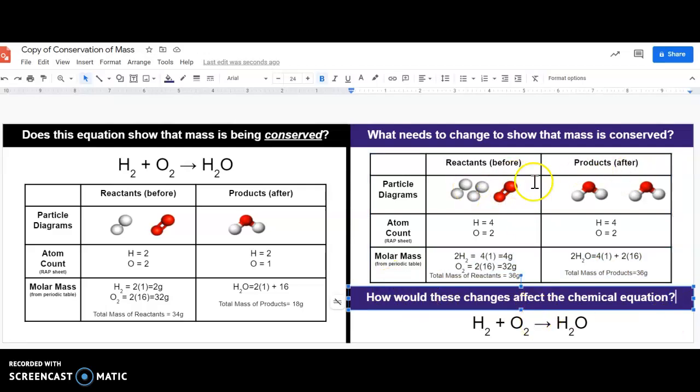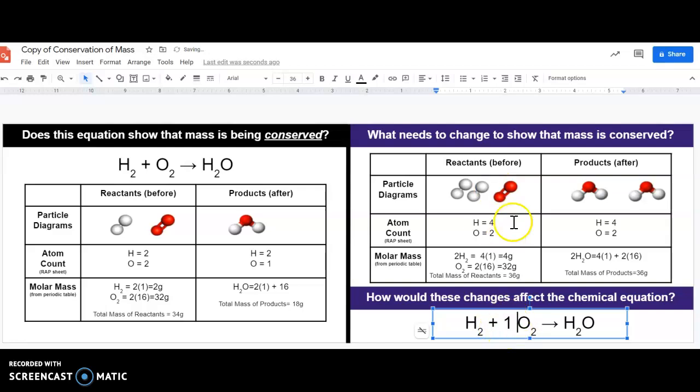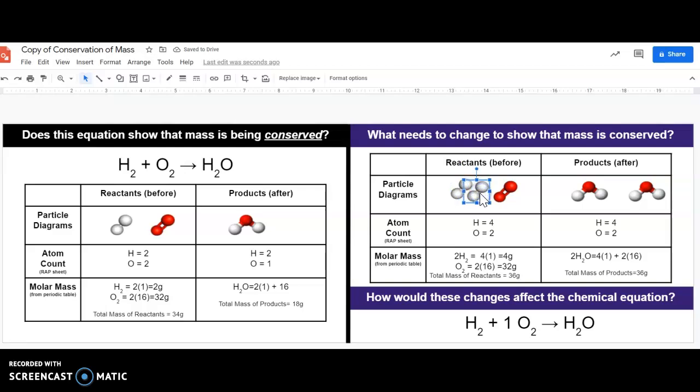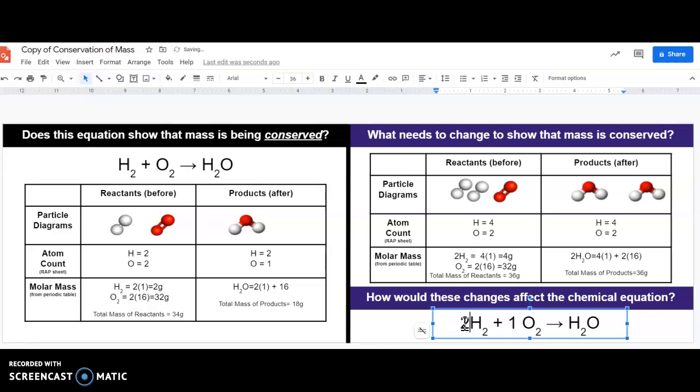Now we're going to count up here and see if we have the right number of the molecules present. In our reactants, I have 1 O2. That's correct. There's 1 O2 here. You don't show a number 1 in front of it, but there'd be 1 O2. There's 1, 2 H2s. So now you have to add the coefficient in front of the H2, meaning there's 2 H2 molecules, a total of 4 hydrogen.